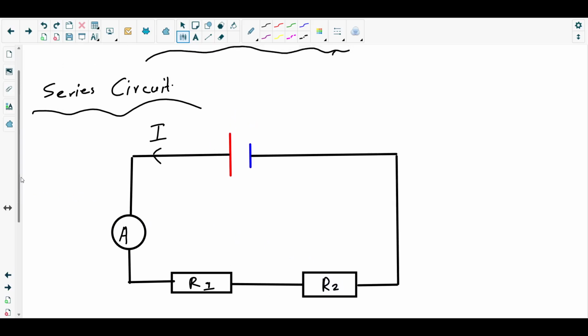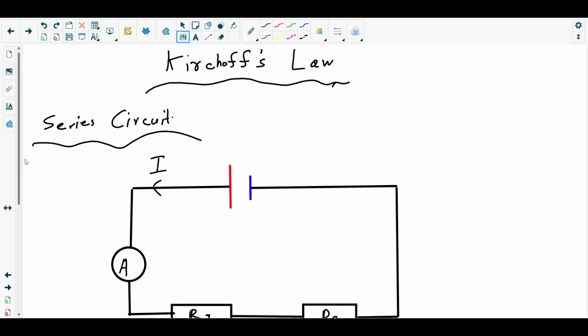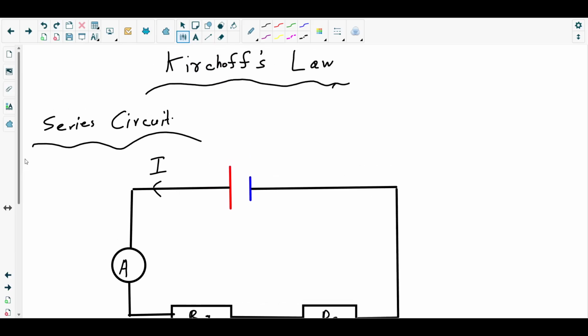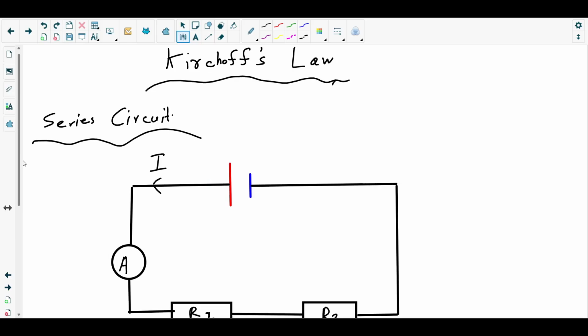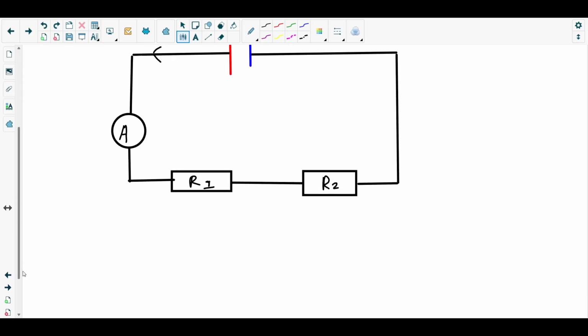Okay, so Kirchhoff's law says that, I'll not explain what exactly Kirchhoff's law says. I'll just use what we can derive from Kirchhoff's law about current in a series circuit and in a parallel circuit. According to Kirchhoff's law, in a series circuit, the current remains constant throughout the circuit, right?